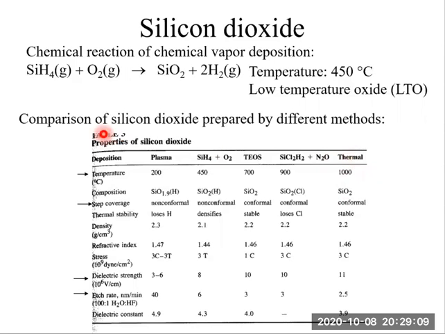So now let's have a comparison of silicon dioxide prepared by different methods: PECVD, LTO, TEOS, dichlorosilane, and thermal oxide. First, deposition temperature. PECVD has the lowest deposition temperature, 200 Celsius, then 450, 700, 900, 1000 Celsius.